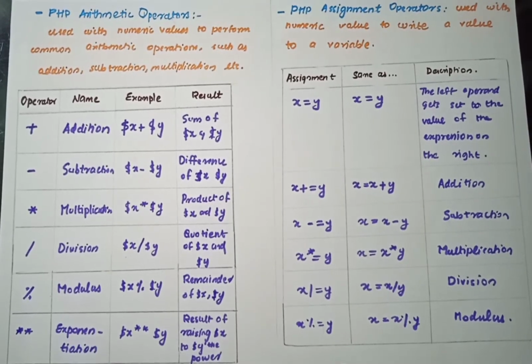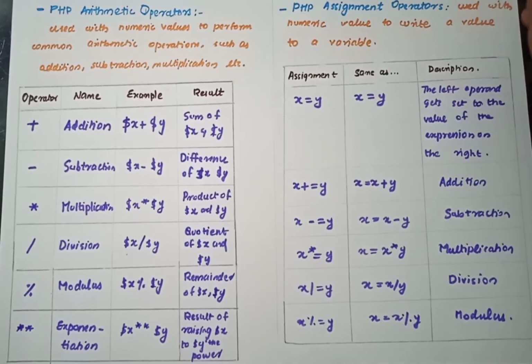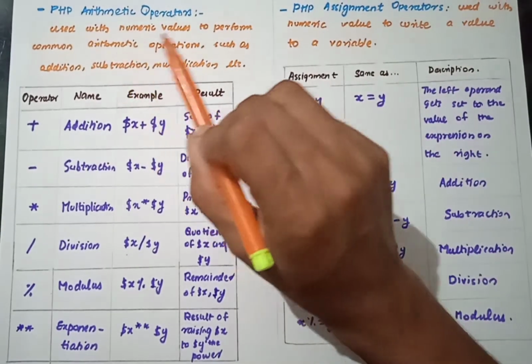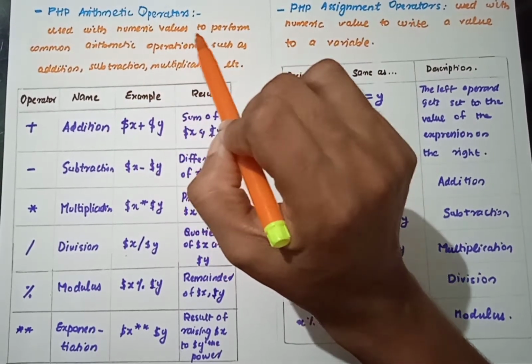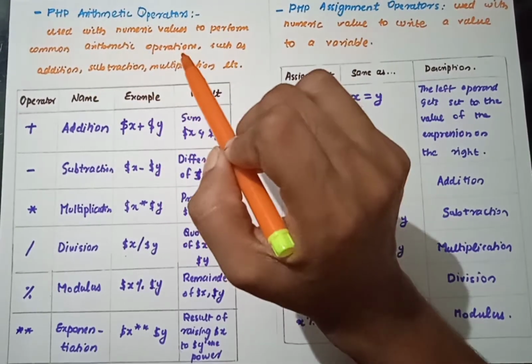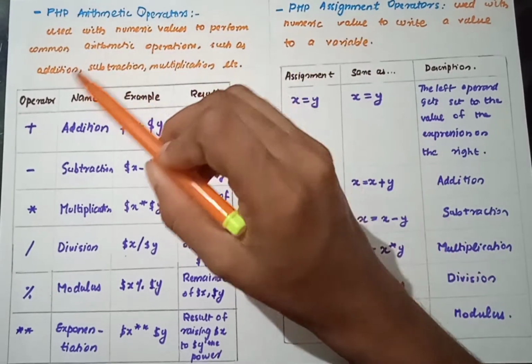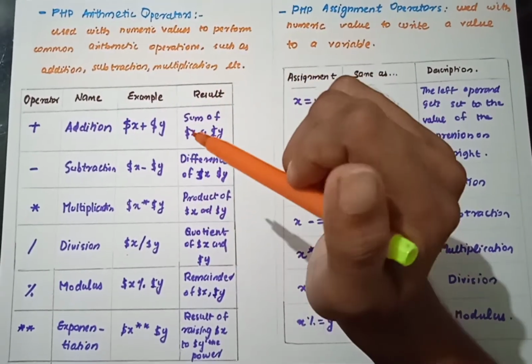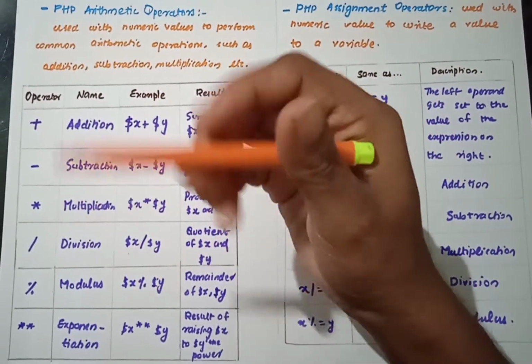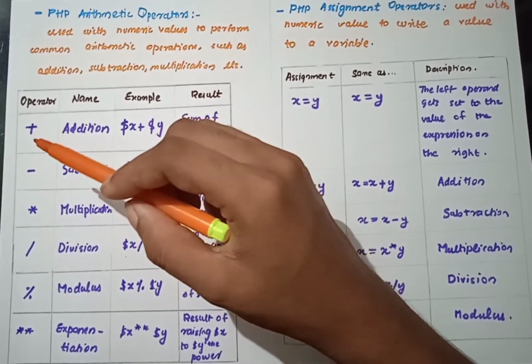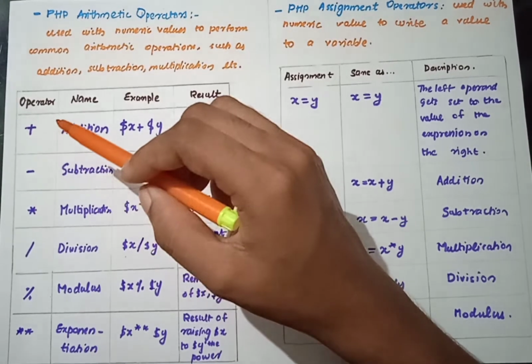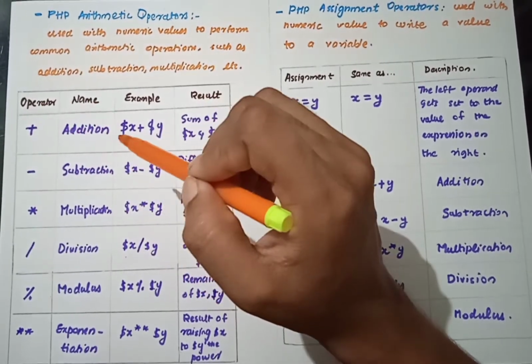So the first one is PHP arithmetic operators. So what are arithmetic operators for? They are used with numeric values to perform common arithmetic operations such as addition, subtraction, multiplication, etc. So let's see how we define these operations. The operator here is plus. If plus is the operator, it has the name addition, as we know.